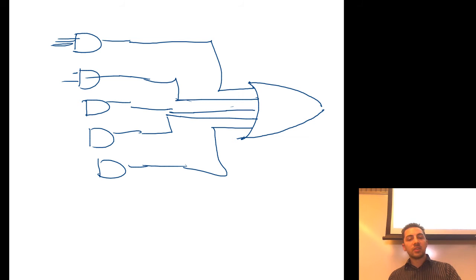Some number of inputs on the AND gates might even be a single input. If you have a single input AND gate, that's really just a wire, okay?